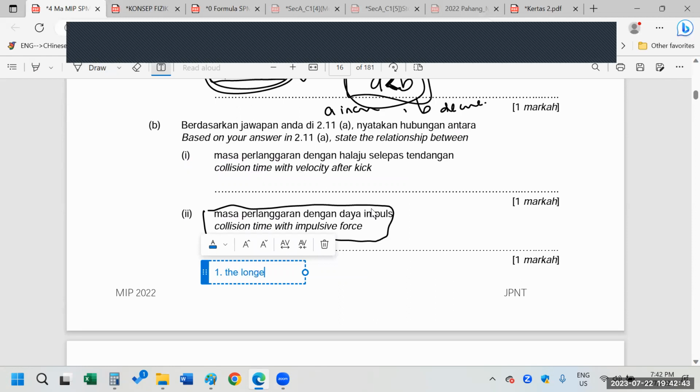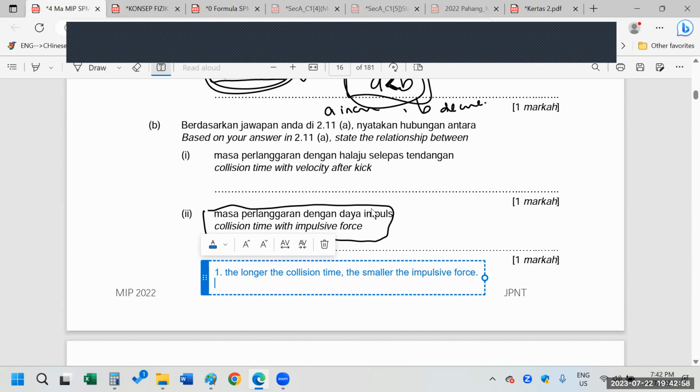The longer the collision time, the smaller the impulsive force. Second, I like this because it's shorter: the collision time increases, the impulsive force decreases.